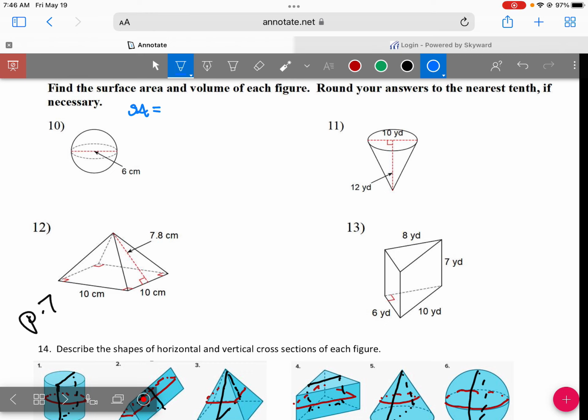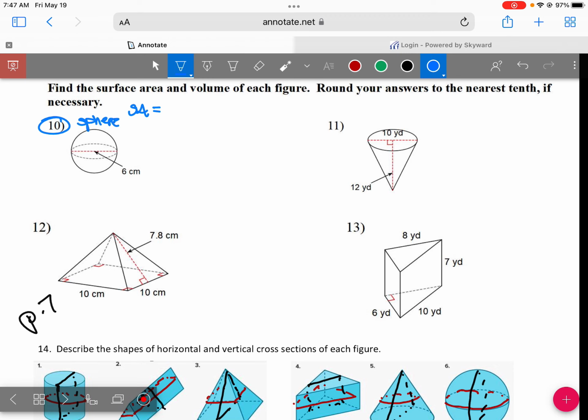That's your left. So what do we call this figure? Number 10. Sphere. Yes, this is like your basketball.